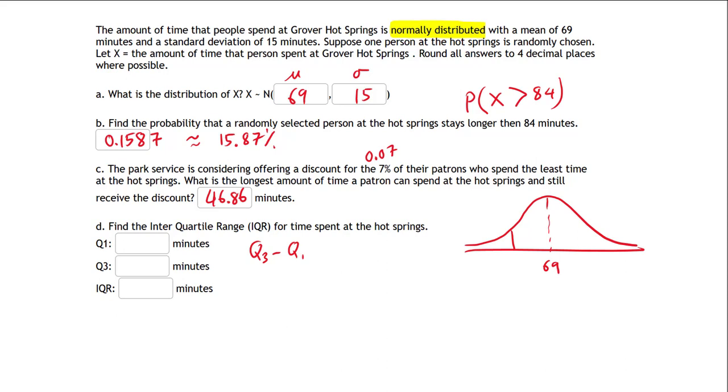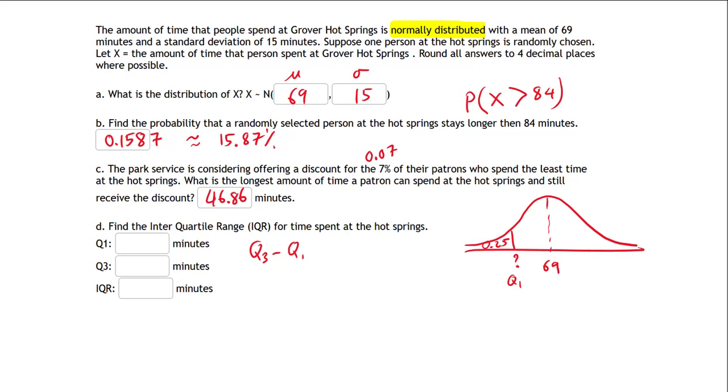So 25% is 0.25. So I have 0.25 here. What happens if I have the area of 0.25, and what should be the value here? What is that Q1? Q1 is the value here, which gives me 25% of the data.